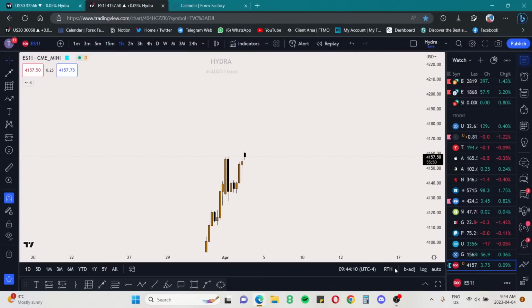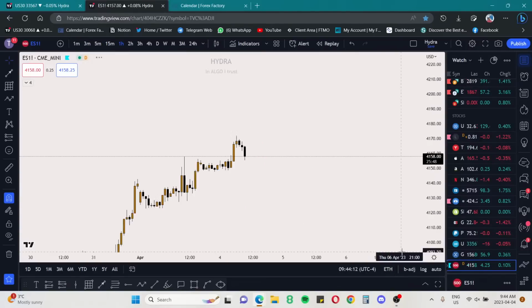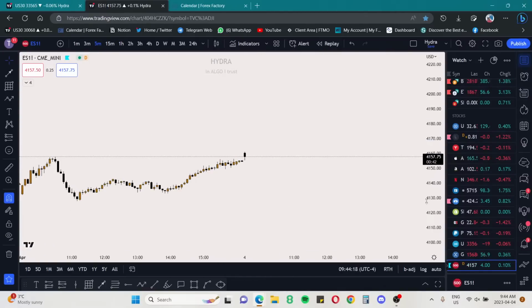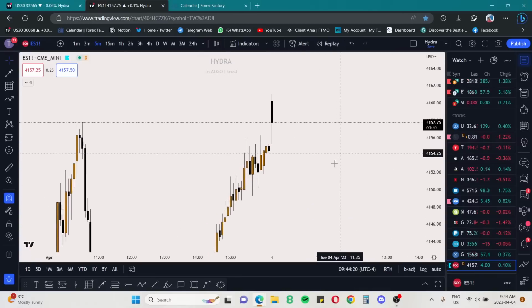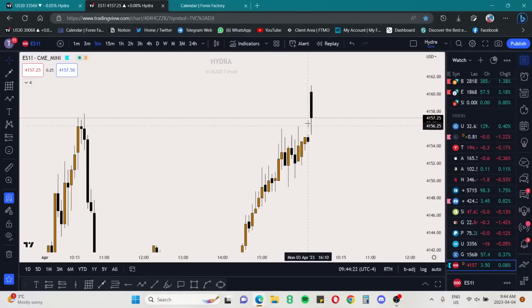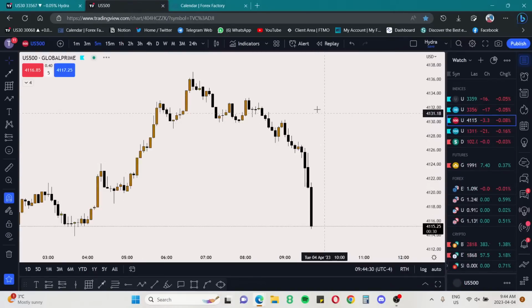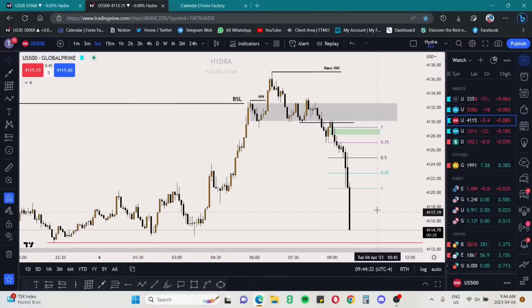I just want to see the gap on regular trading hours. Okay, so price created a gap when it opened on regular trading hours towards the sell side. So that's the very reason we are seeing a move towards the sell side.